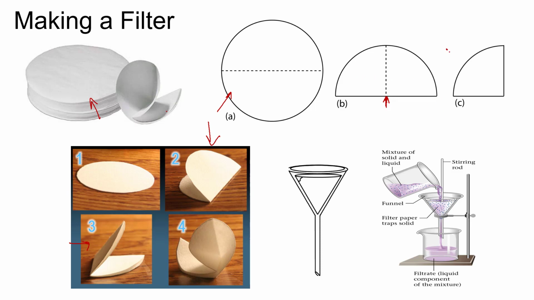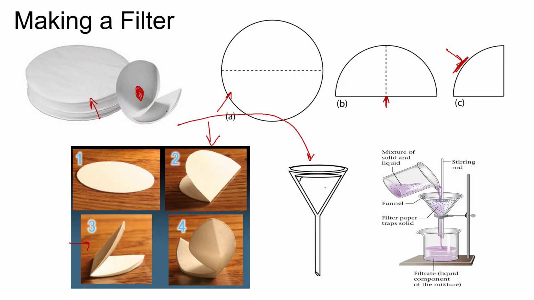Once it is in quarters, we open up one of the little folds on the top that have been created as a result of the way we folded it. This is an example of one of the folds we're looking for. You take 2 fingers, put them in there, spread that open, and then place the triangular filter into the funnel.